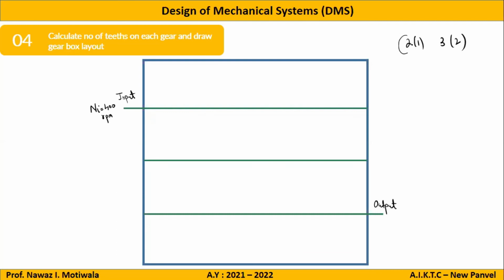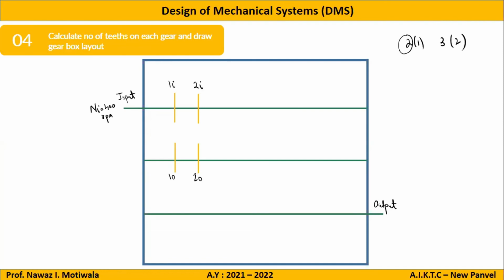Number of gear pairs will be 2. The number outside the bracket gives you the number of gear pairs. So 2. So I will draw here 2 gear pairs. So see what I have done. I have made 2 pairs. So let me name it. Let us say this is 1i and this is 2i, where i stands for input, and if I write here O, 1 output and 2 output.